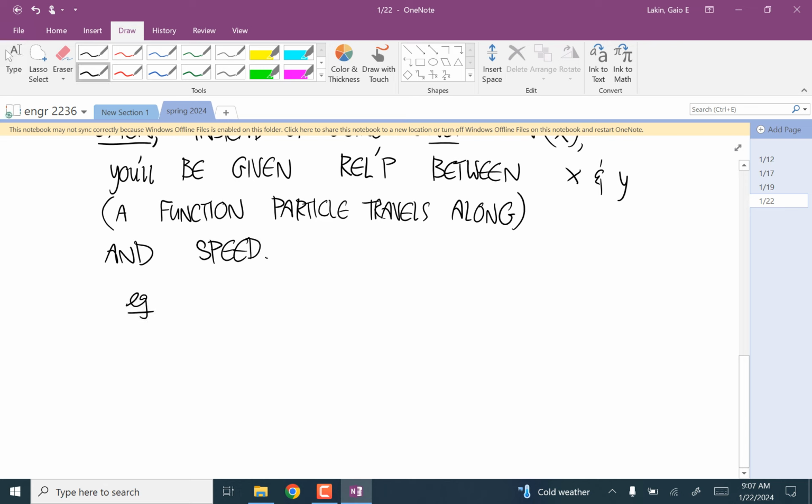So for example, let's say that we know that this particle is moving along the function y equals x squared. Well, the function y equals x squared is just a shape in space, right? So this particle could be moving to the left along this parabola or to the right along this parabola, right? So you need to be given that information.